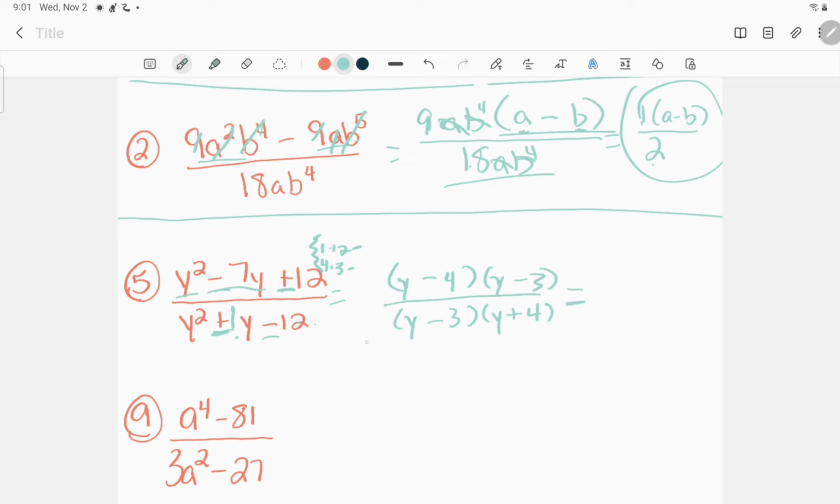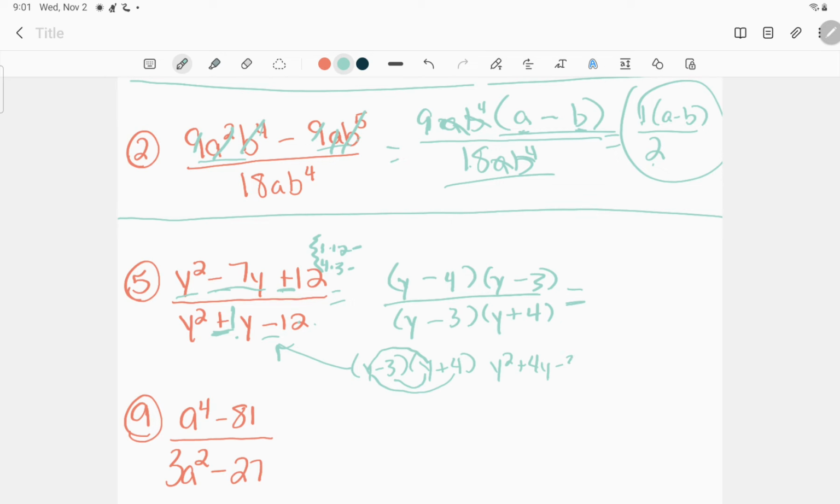If you need to understand this a little bit further, just do your FOIL method so that you can solve this and it ends up like that. So y times y is y squared. Y times 4 is positive 4y.